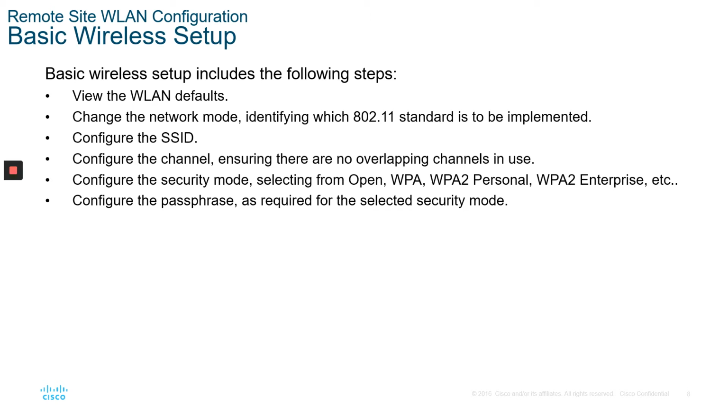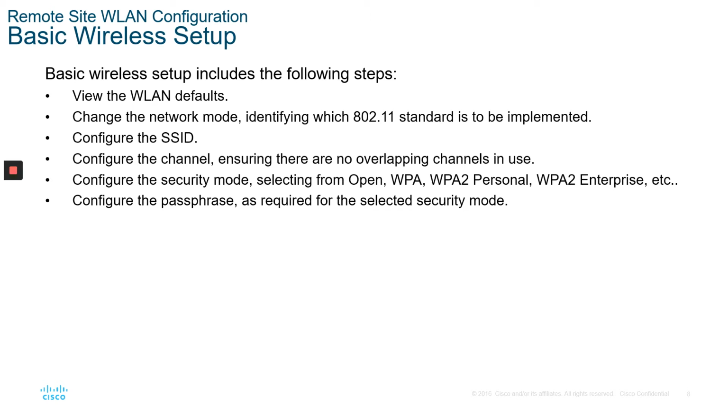You can have a look at those and change the network mode, which is the wireless standard that is implemented. You can always change this standard as well, and then you can change the SSID. In our case, the SSID was actually default, and you can give it another name like my wireless or your company name. You can define it over here.